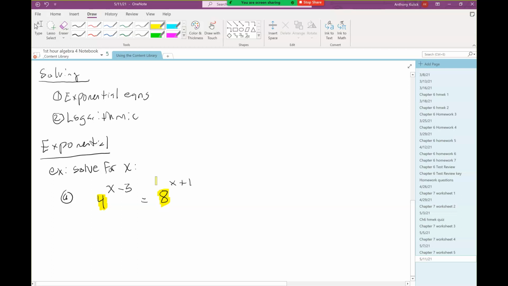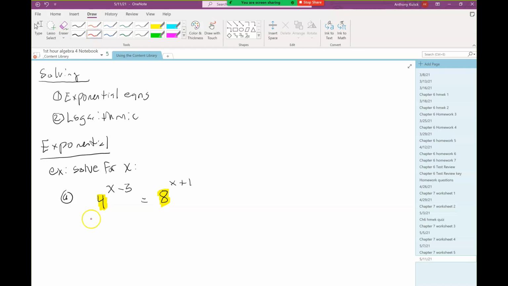Right now, one of my numbers is base 4, the other is base 8. But what do we notice about both of those numbers? 4 and 8. They're both powers of 2, right? 4 is 2 squared, 8 is 2 to the third. Do you guys agree with that?